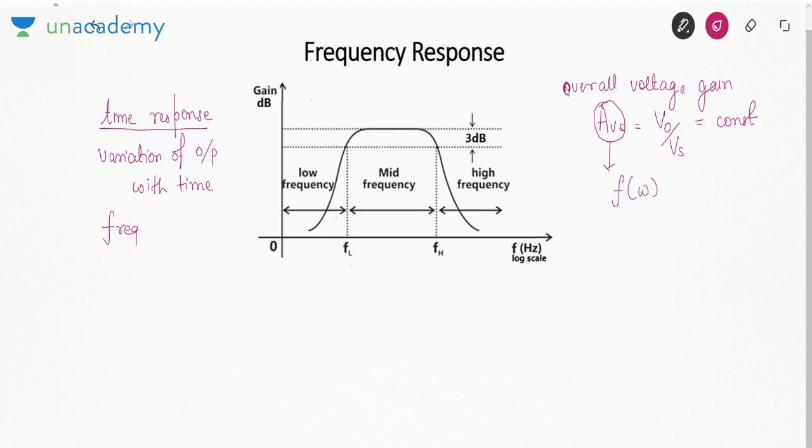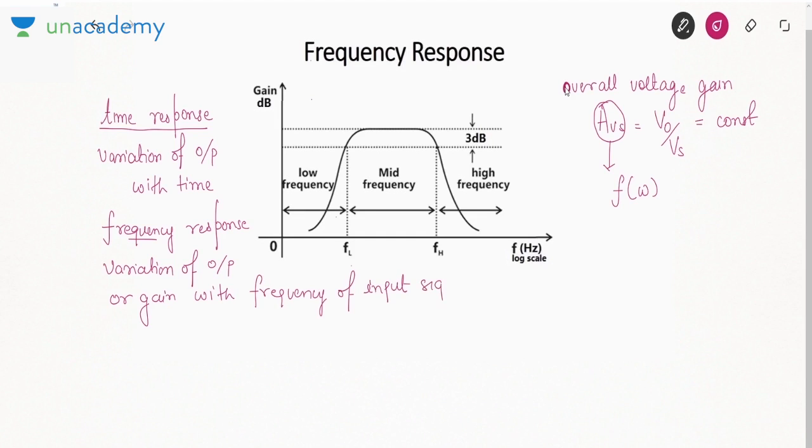Similarly, frequency response implies the variation of output or gain with the frequency of the input signal.